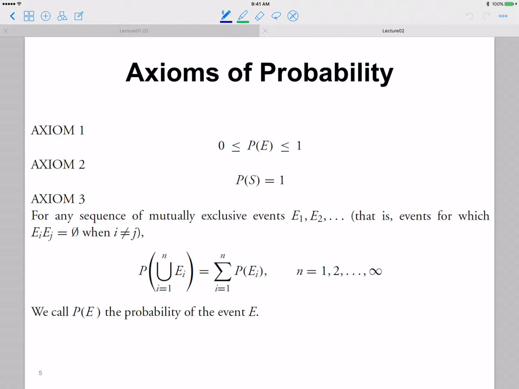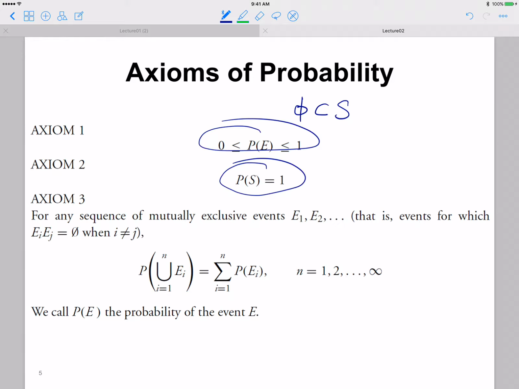And these are quite basic things, right? So probabilities range from 0 to 1. Then the entire sample space, which is our universe set, can also be an event, because that is also a subset of the sample space.